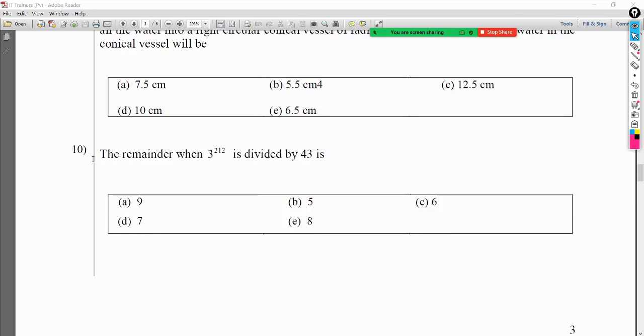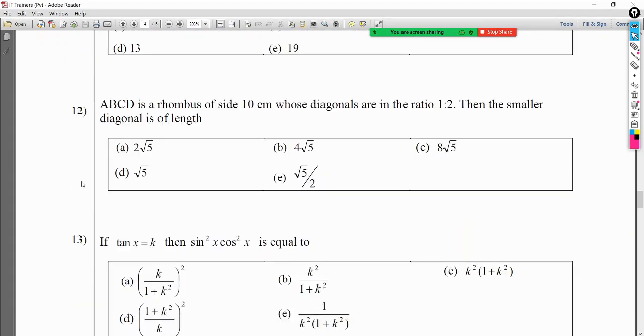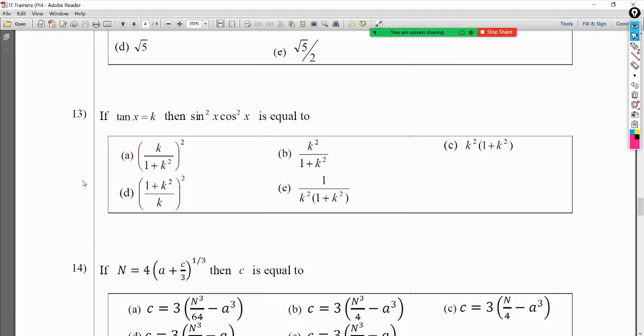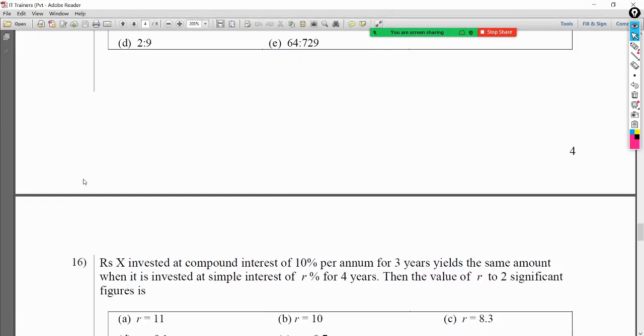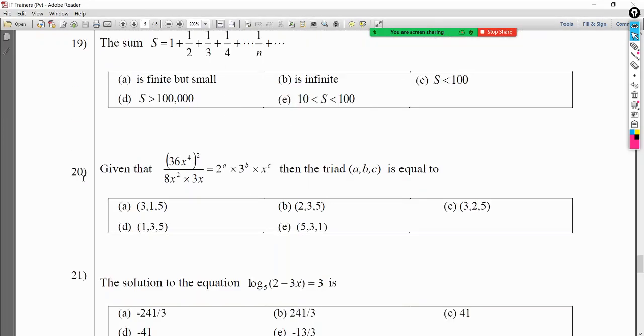Don't do 10. 10 we will be doing next time, when we are doing halfway our topic, that is modular arithmetic, and we are going to continue with this paper. Don't do 10 until we do modular arithmetic. Don't do 11. Other than 10 and 11 you should be able to do all the other questions. Yes, only 10 and 11 you can't do.